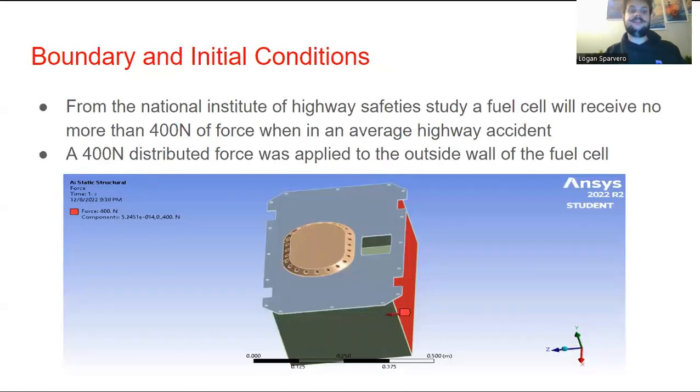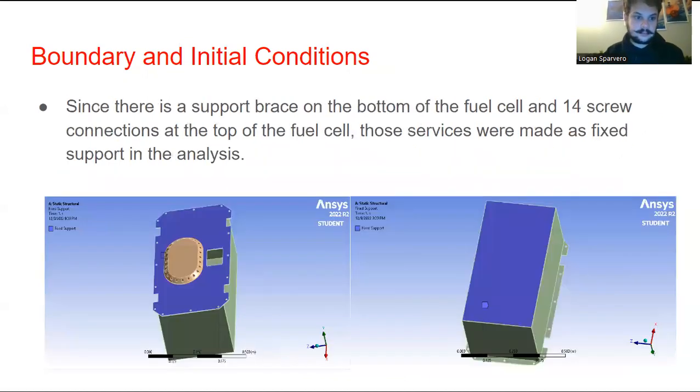So for boundary conditions, I set a force of 400 newtons on the outermost wall, which is where the fuel tank will most likely get hit in a rear end collision. This was in accordance to the NHTSA and their recorded database on how much damage a fuel tank really takes within an average accident in the US.